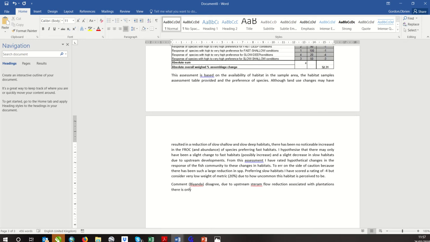There is only a possibility of reduced fast and deep habitats. Thus, amended adjusted scores as follows.